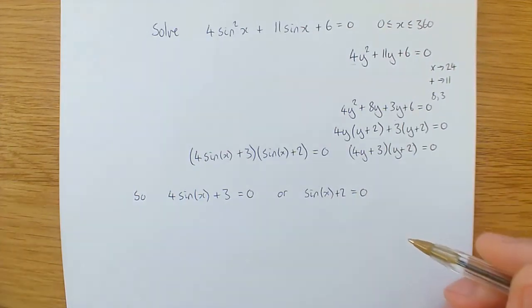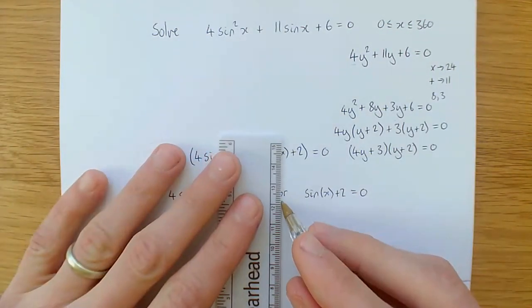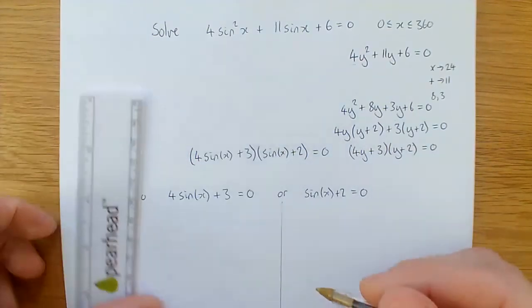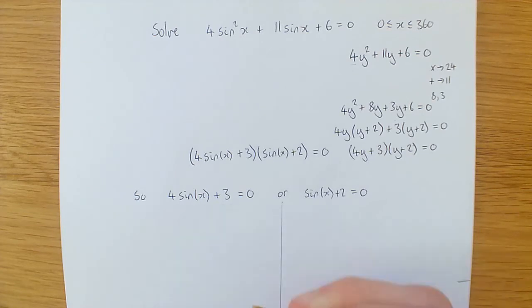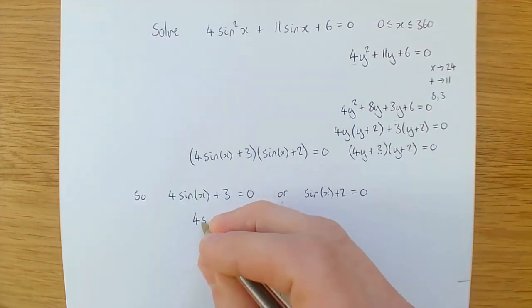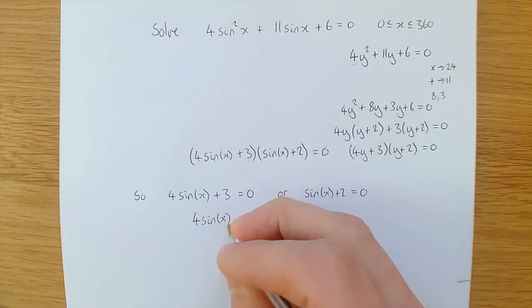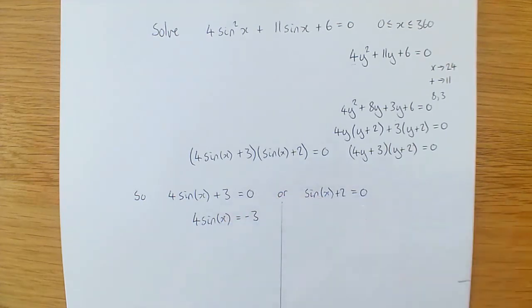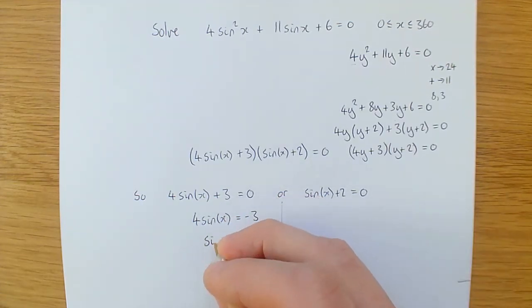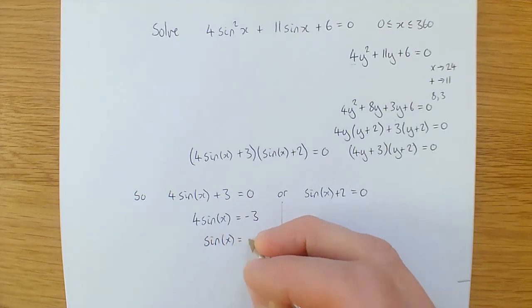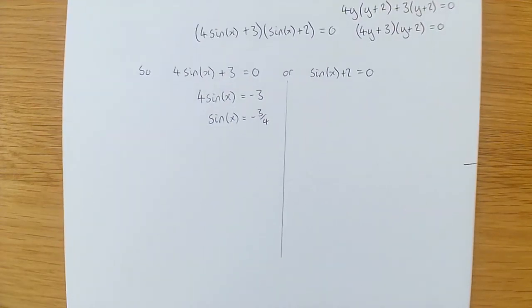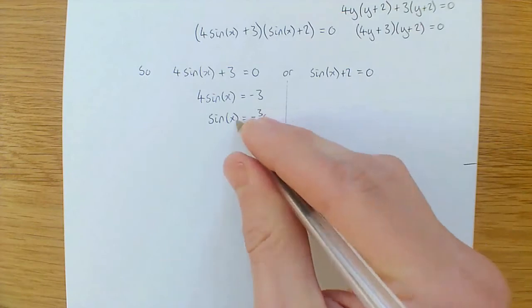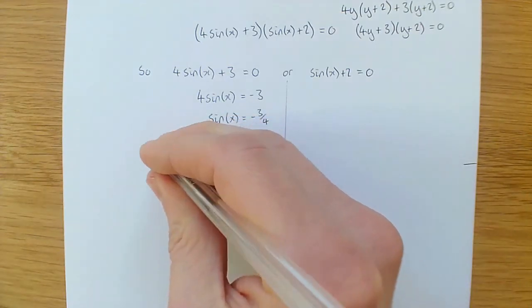Let's proceed from there, because we've now got back to a very straightforward trig equation like we've been dealing with for the last 2 weeks. A little bit of rearranging gives us 4 sine x equals minus 3, and so sine x equals minus 3/4. We've got two choices.